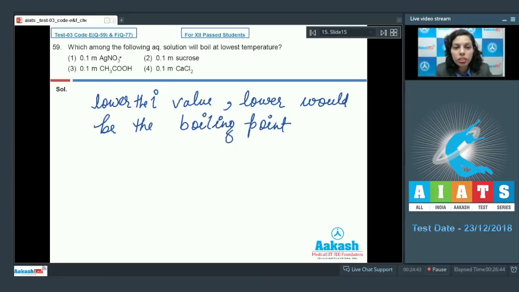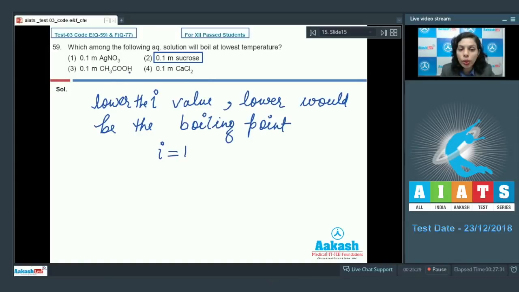Now, for AgNO3, dissociation would be there. So, in the given species, if you check, this sucrose is the non-electrolyte. And if it is the non-electrolyte, it will not dissociate. And for this, the i value is 1. That would be the lowest in all of these cases, because in case of CaCl2, this i value would be more than 1. That would be 3.